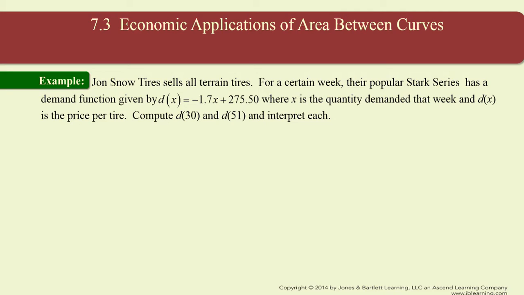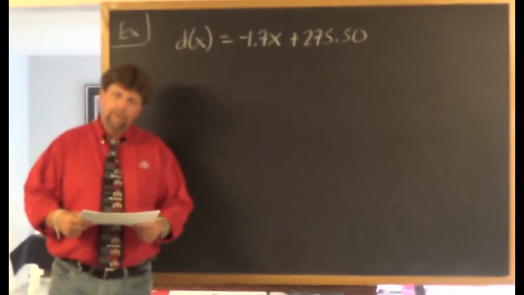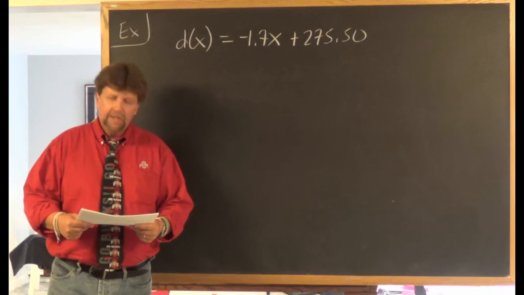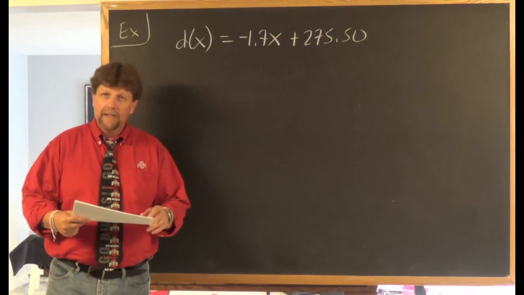X is the quantity demanded that week, and D of x is the price per tire. We're going to compute D of 30 and D of 51 and interpret each. So I'm going to head off to the chalkboard to work out this example. Then after we work out this example, we'll continue on trying to make sense out of what is called consumer surplus.